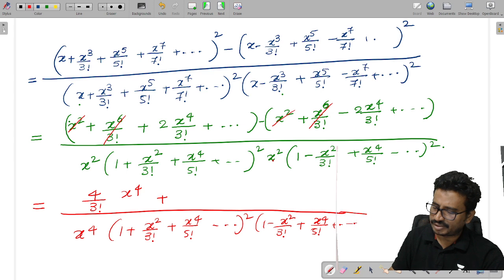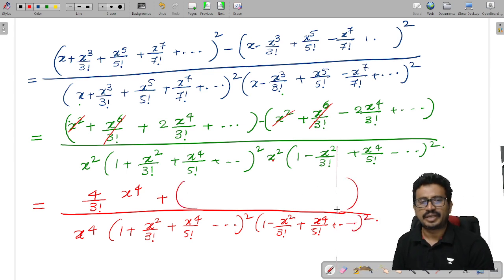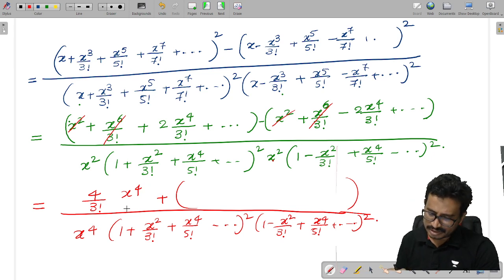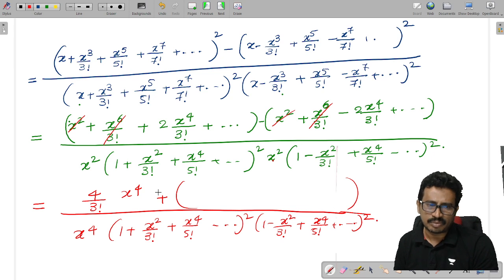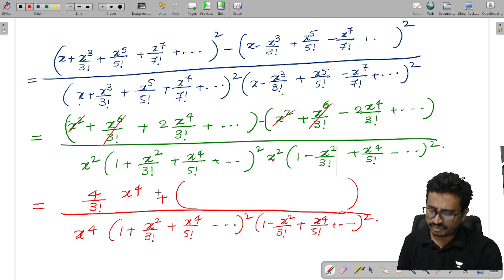Like this will continue. These terms are more than x power 4 and this term will get cancelled. In all these cases we can take x power 4 common, then x power 4 will get cancelled.